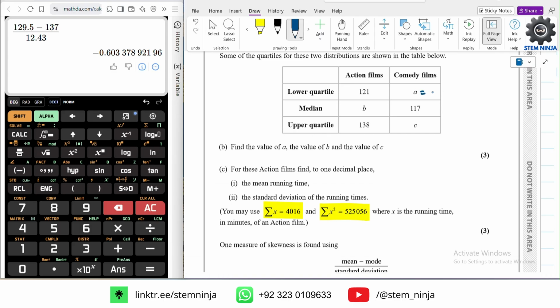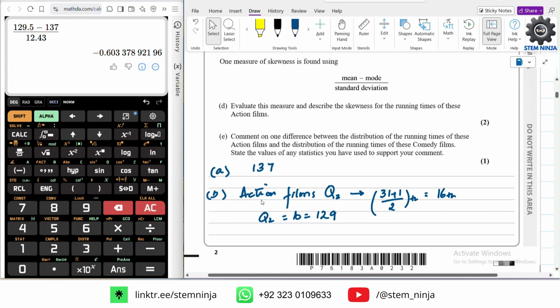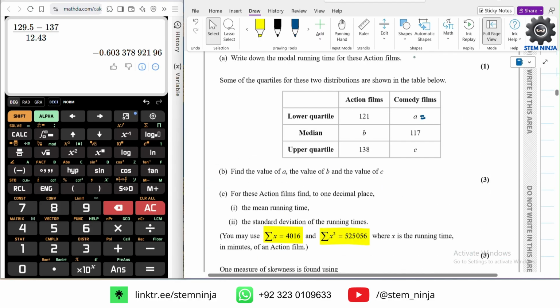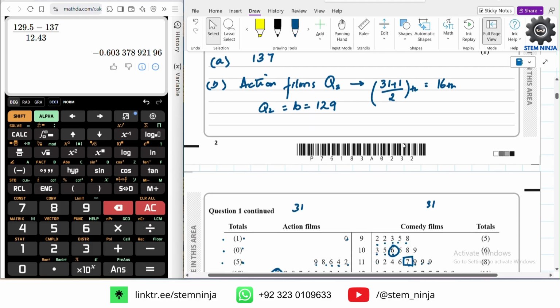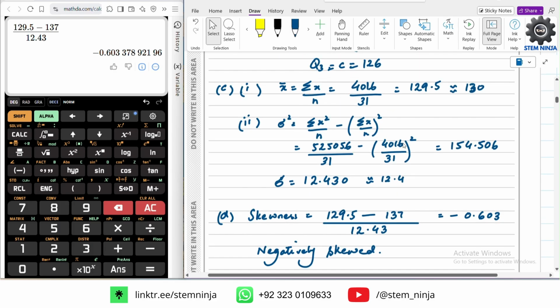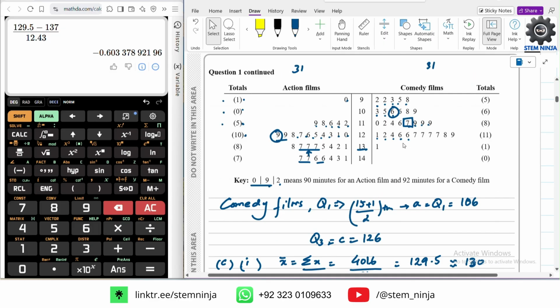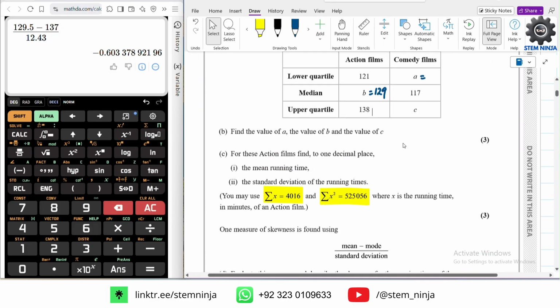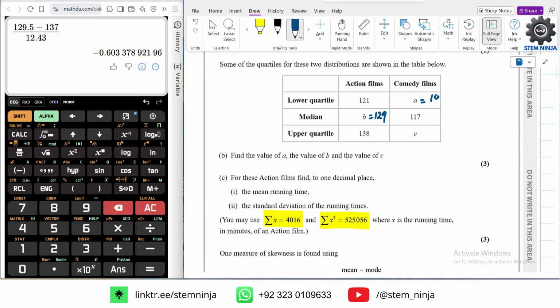So first, let's figure out. A was 129. No. This was 129. A was, wait, where did it go? 106 and 126. So 106, 126. So basically you can see the spread. Let's find out the interquartile range also, IQR.